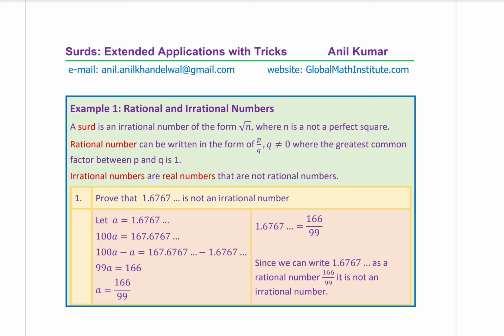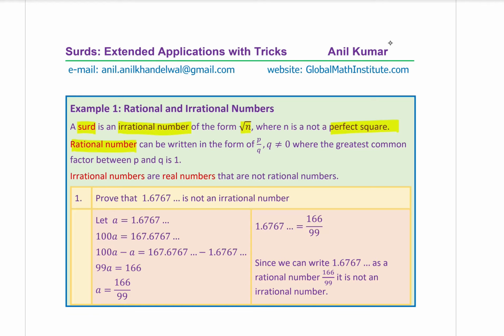So now here, let's also understand few concepts. When we're talking about surds, what are surds? A surd is an irrational number of the form of square root of n, where n is not a perfect square, right? Now, what is a rational number?